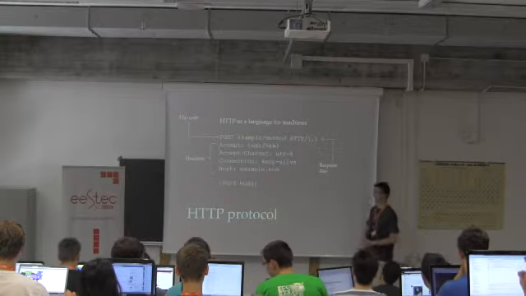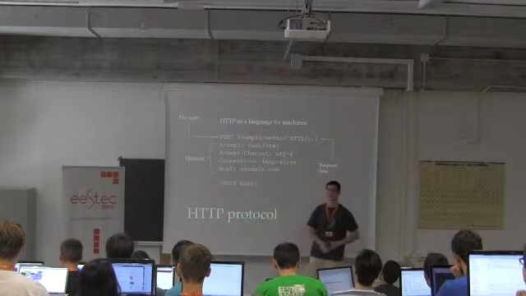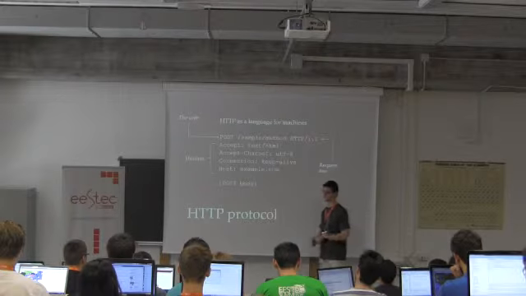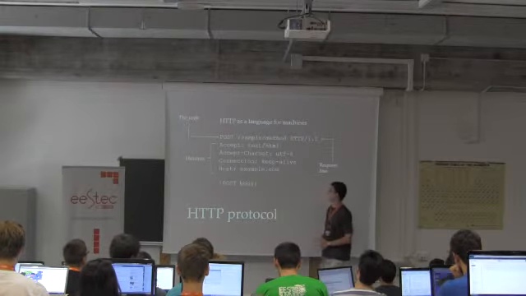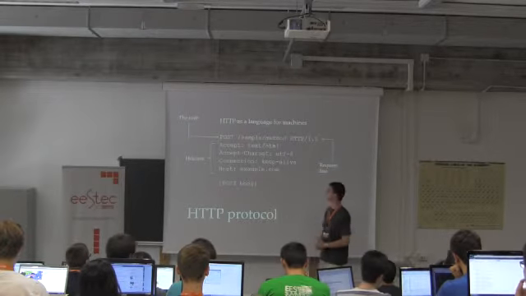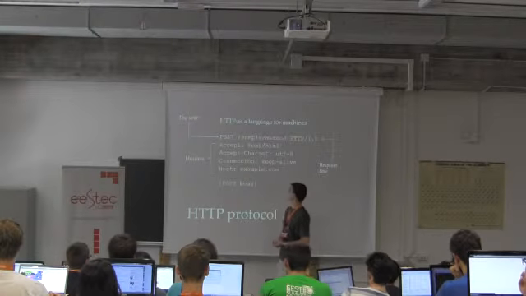HTTP is basically the language that machines or browsers use when they try to communicate. It is one of the protocols used for communication, and we're going to use it to get our data. What's the structure of HTTP?